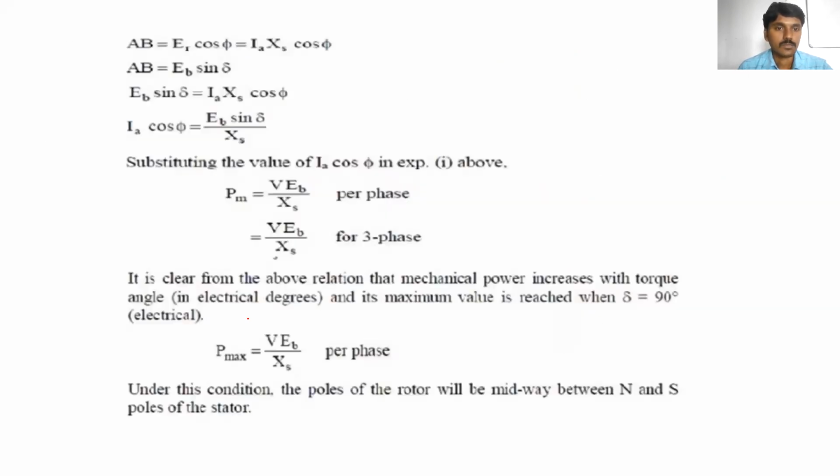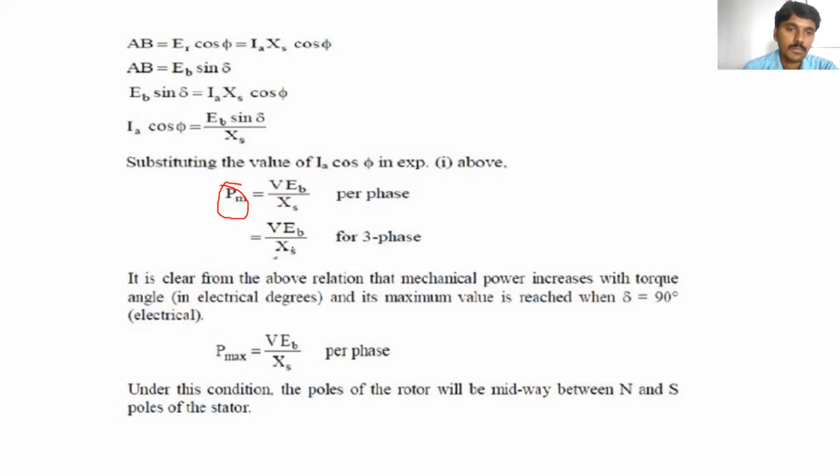You can see here, from those relations we can write the equations. Mechanical power Pm is equal to V into Eb upon Xs. Here V is the excitation voltage, into back EMF, upon the reactance per phase.